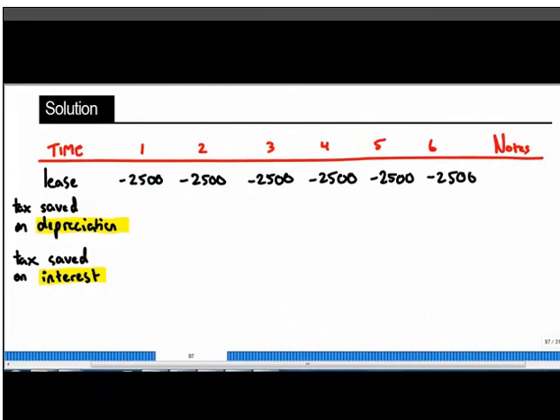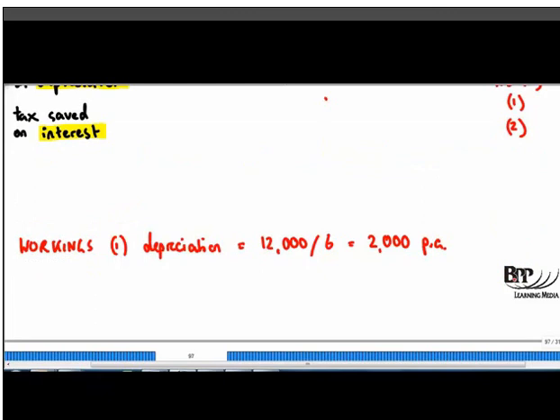Okay, so we can put in the lease payments into a discounted cash flow pro forma, and we can set up some space to put in the tax saving on depreciation, but we'll show a working for that, and also the tax saved on the interest implicit in the lease. So let's go into our workings now.